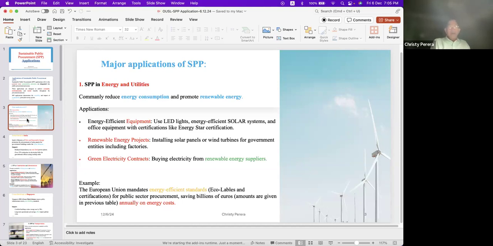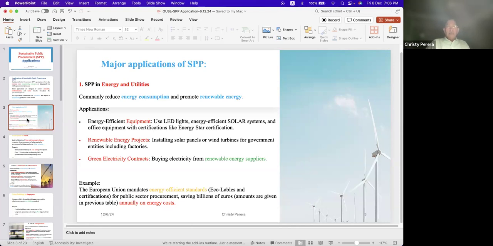References are there, you can find them. So I will explain the major areas. Other than the explanation I have made here, when you read further, you can find so many more areas and applications.